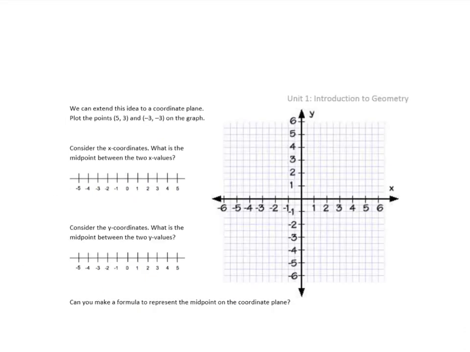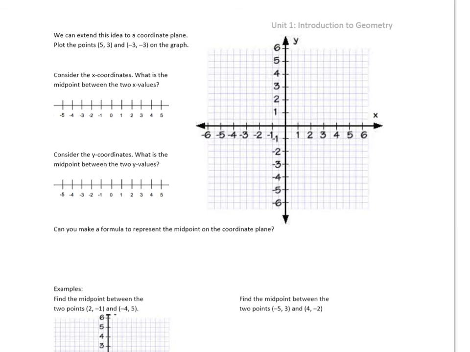We can extend this onto the coordinate plane actually pretty easily. If I have the point (5, 3) right here, and the point (-3, -3), I can actually consider my x coordinates and my y coordinates independently.